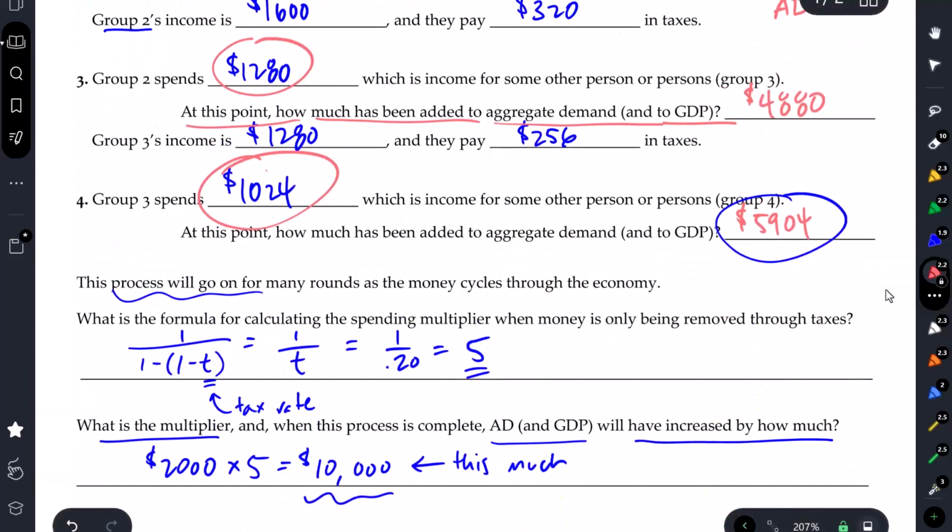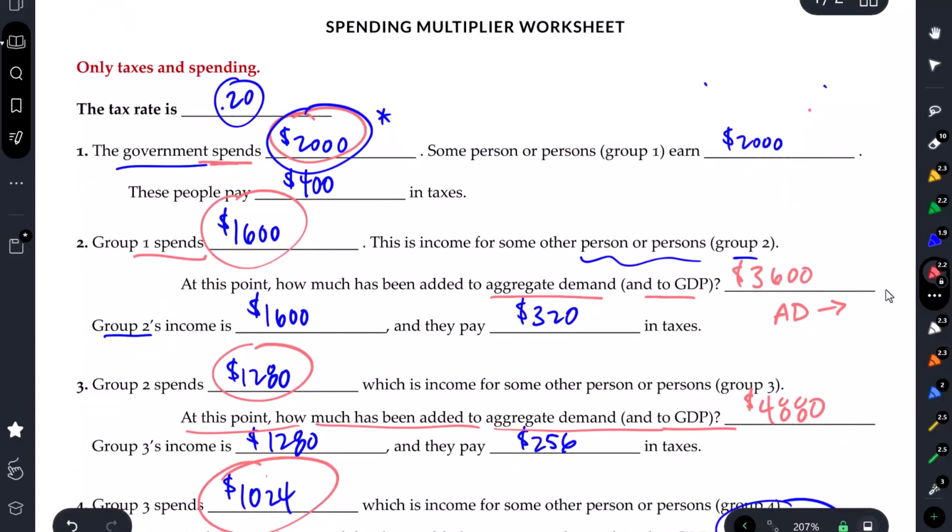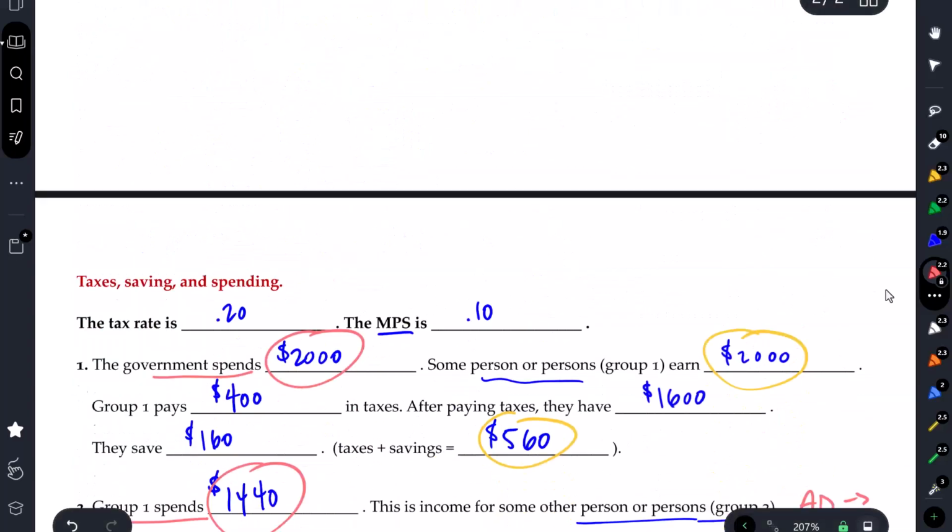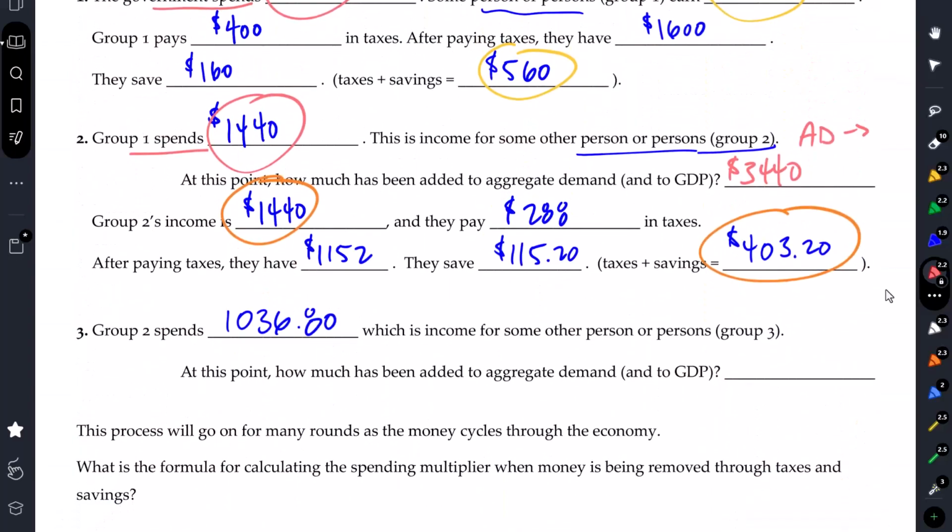Now that figure is a little bit lower than what we saw up here at this same stage because of the savings.